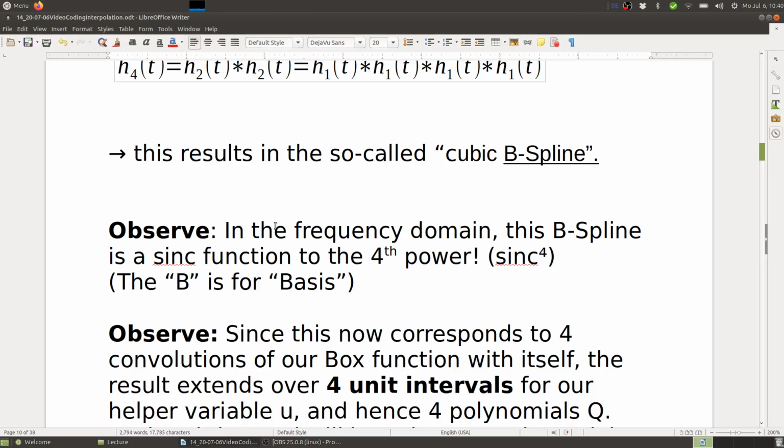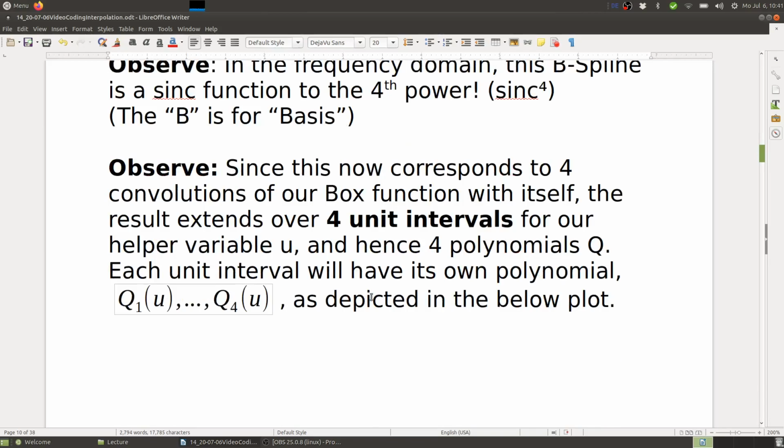So observe in the frequency domain, this B-spline is a sinc function to the 4th power, right? Sinc to the 4th power, where B is for basis. So this is our basis function for the convolution. And since now we have the sinc to the 4th power, we get even better stop-band attenuation, because the 4th power makes small values smaller and smaller.